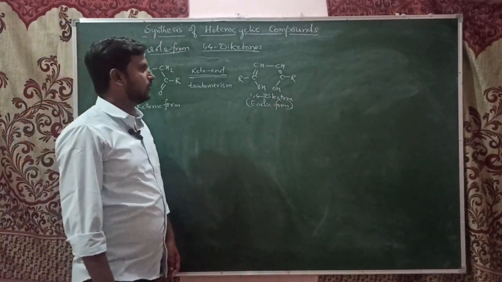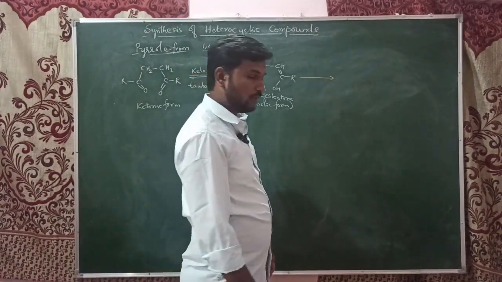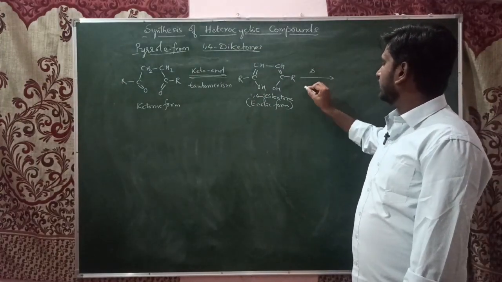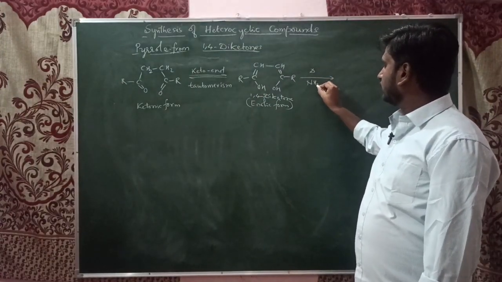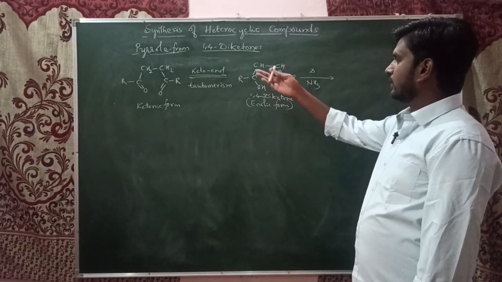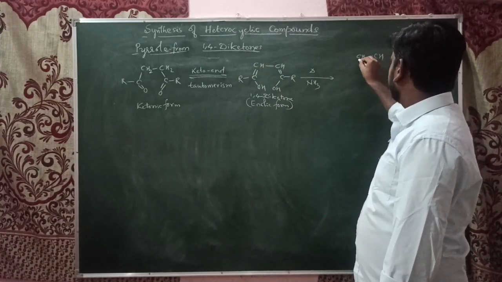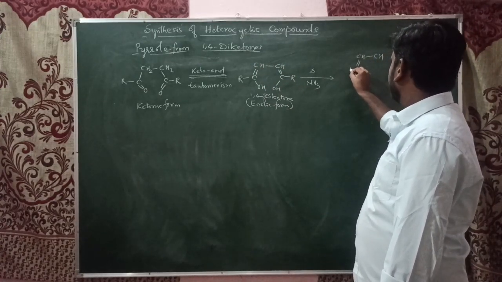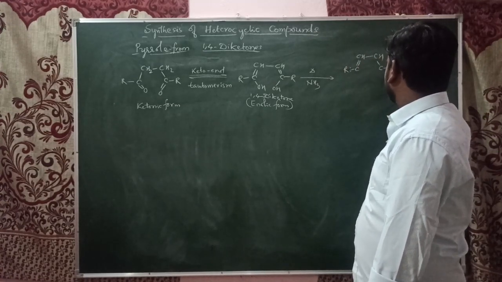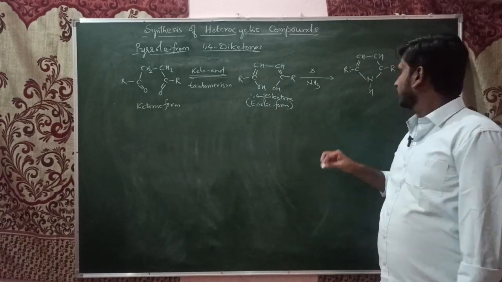The same way here also, it undergoes dehydration while being treated with ammonia. In the presence of ammonia it gives us the derivative of pyrrole. This is pyrrole.